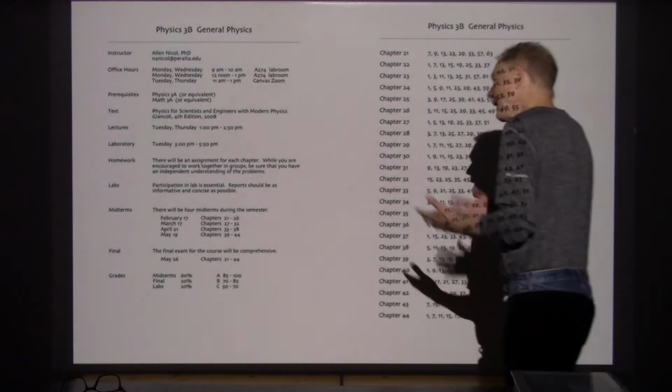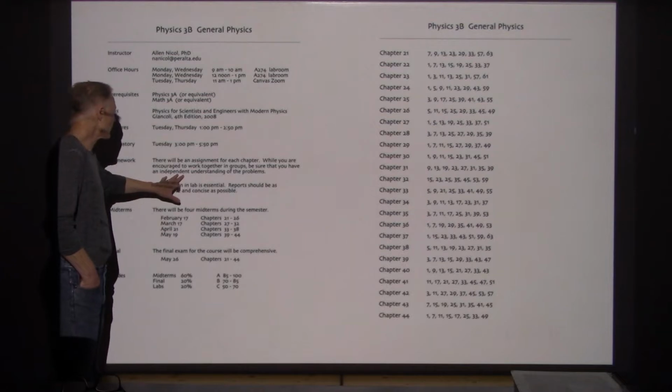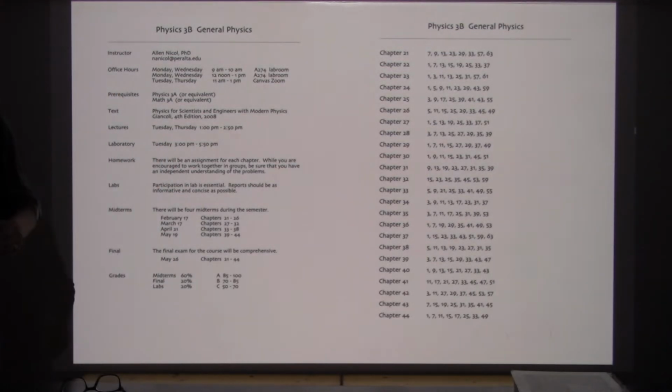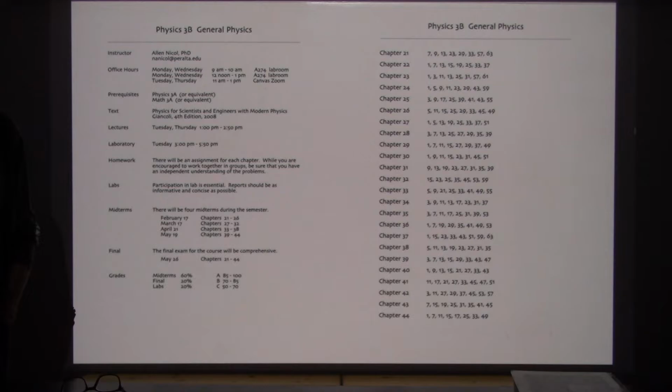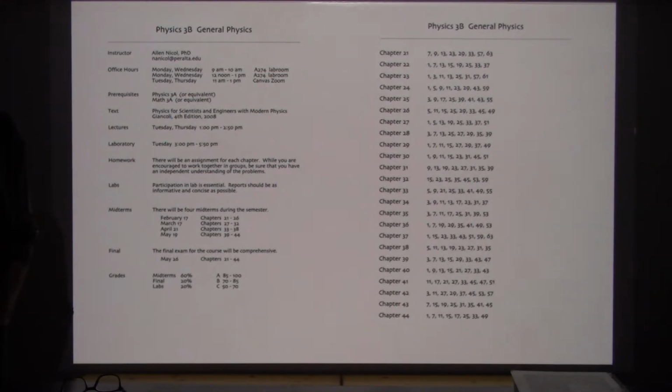Now, what happens sometimes is that students are working together in groups, but they're not making sure that they really have an independent understanding. That's going to be key, because when it comes time to take the midterms and the final, those are going to be done independently. So we certainly want to make sure each individual student is acquiring these skills and is able to set up these problems and solve them on their own.